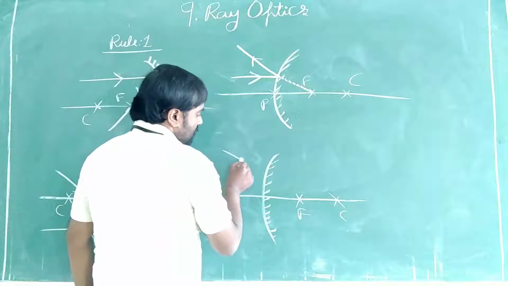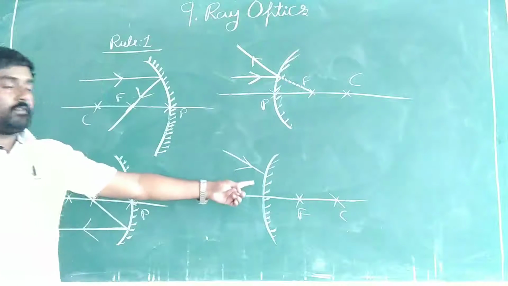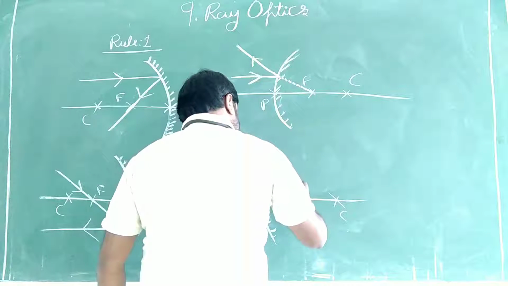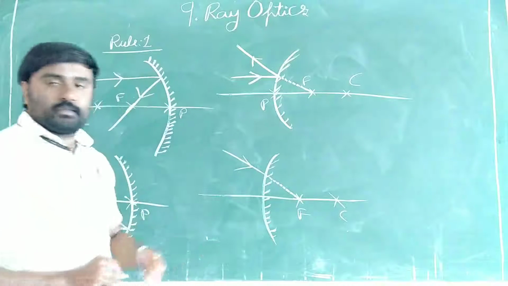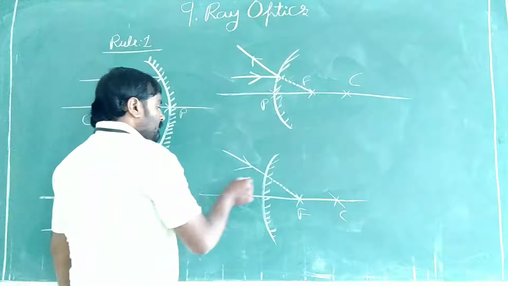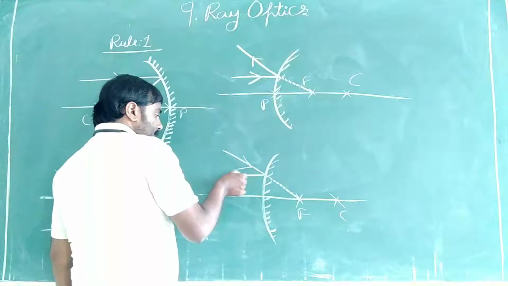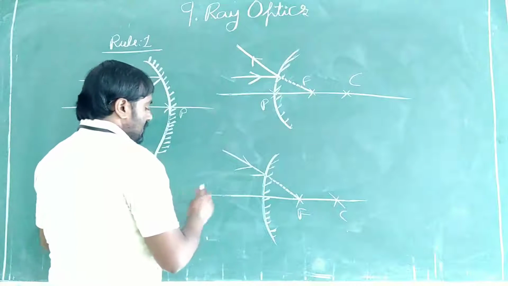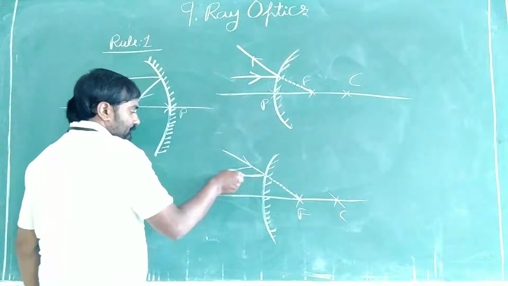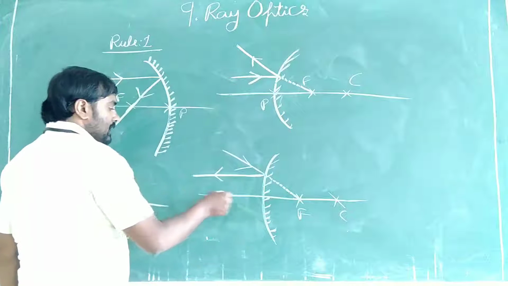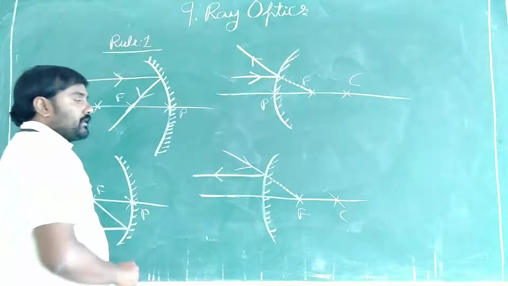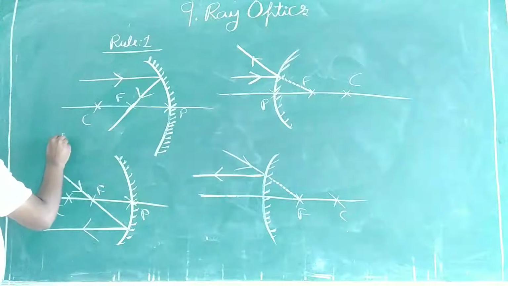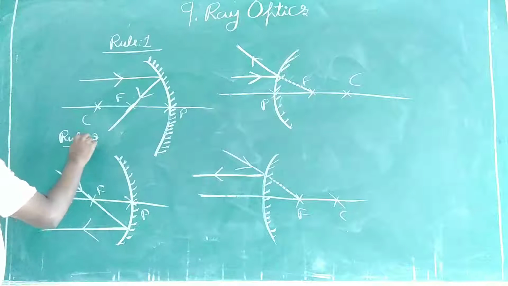Whenever the ray of light is incident on the silver surface of the convex mirror and appears to pass through the virtual focus, after reflection the reflected ray goes parallel to the principal axis. So this is rule number 2.